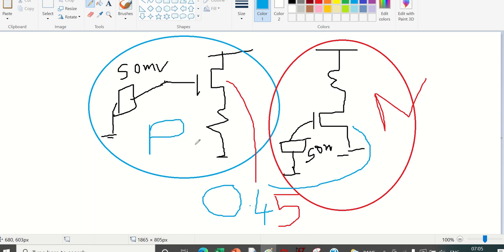In that case, when will we use PMOS or NMOS? You should simply judge and see what VGS is applied here, and what VGS can be applied here. That is the clue. Try to answer now. Take your time.